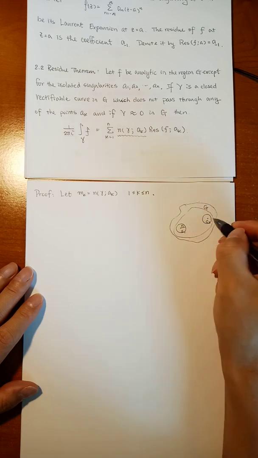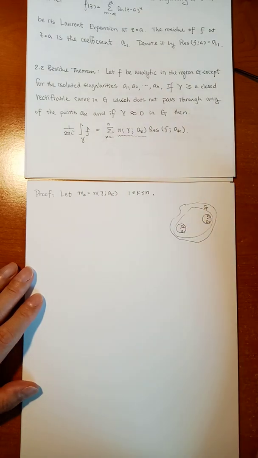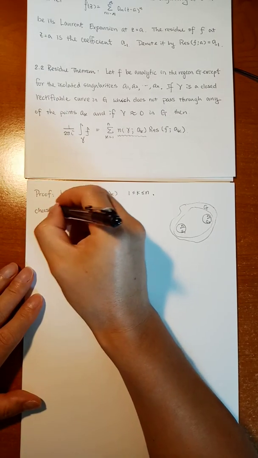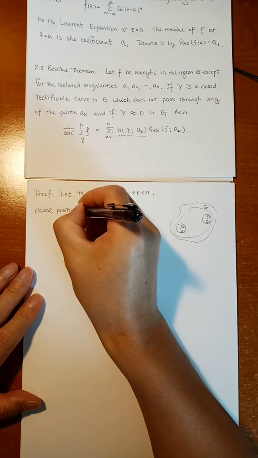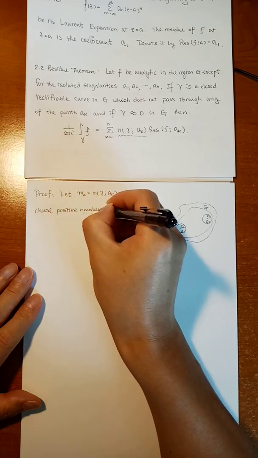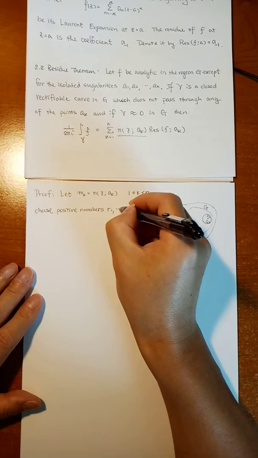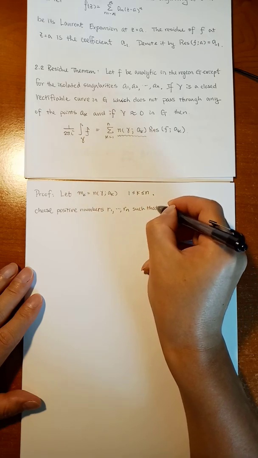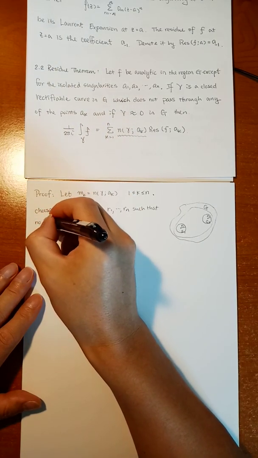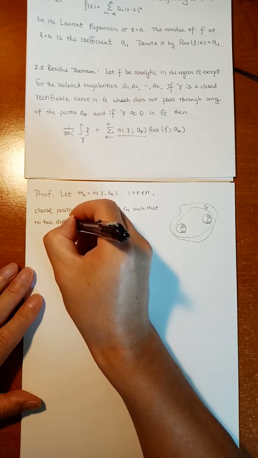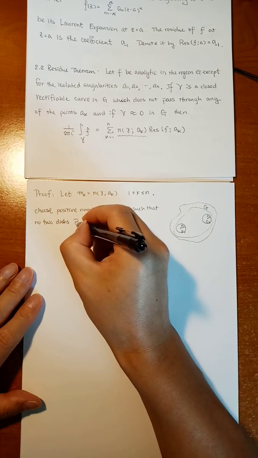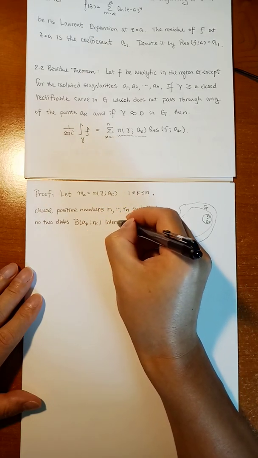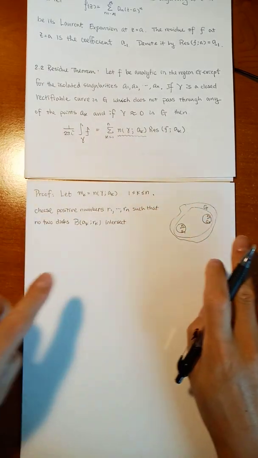This is radius r1, this is radius r2 and rn. So choose positive numbers r1 up to rn such that no two disks B(a_k, r_k) intersect. So they are really isolated.